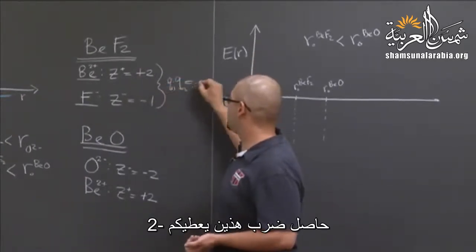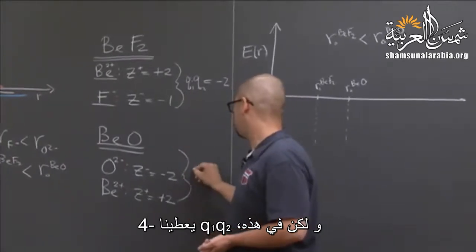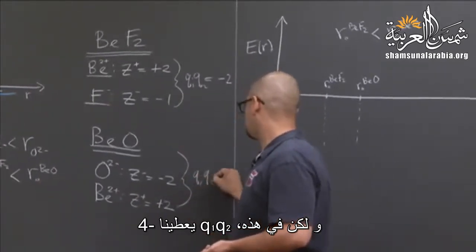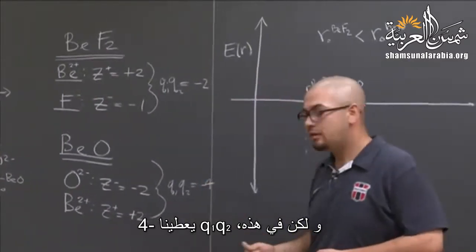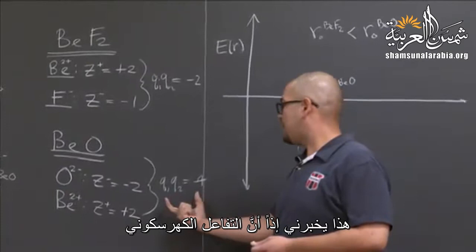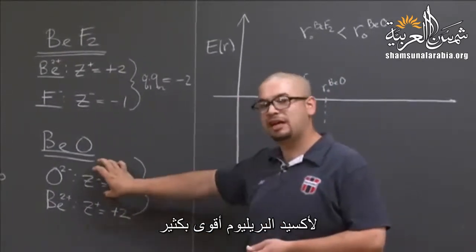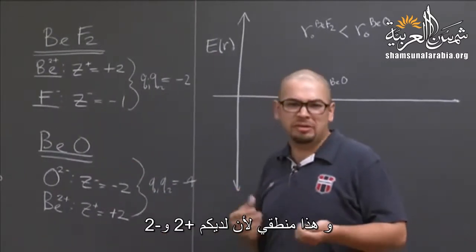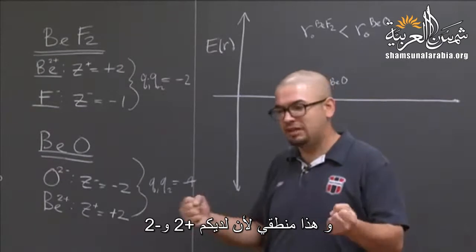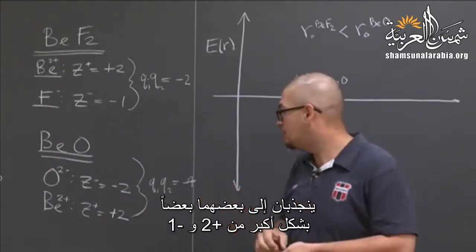The product of these two gives you -2 for the fluoride, but for beryllium oxide, Q1 Q2 gives us -4. So this tells me that the electrostatic interaction for beryllium oxide is a lot stronger than beryllium fluoride. And it makes sense because you have +2 and -2 being attracted to each other instead of +2 and -1.